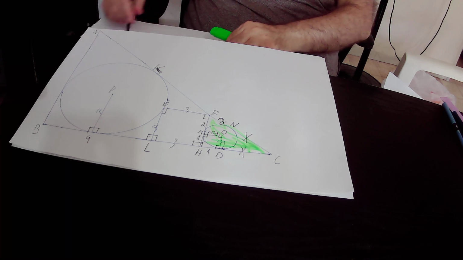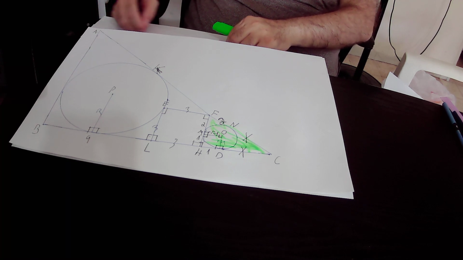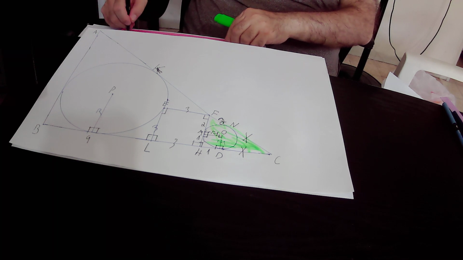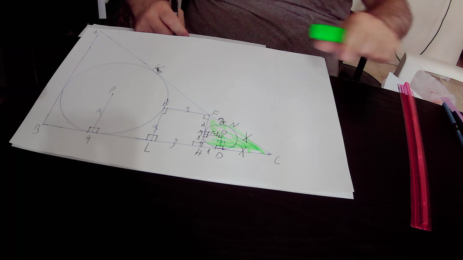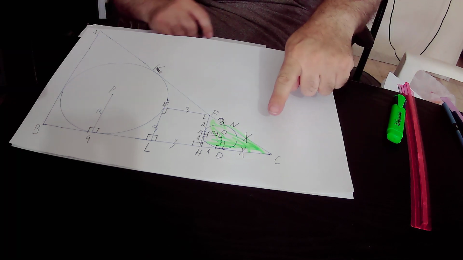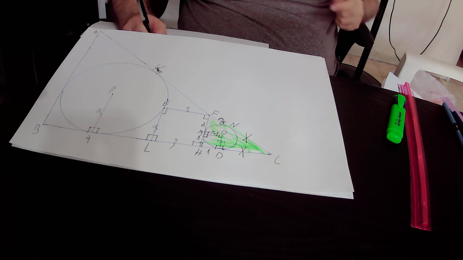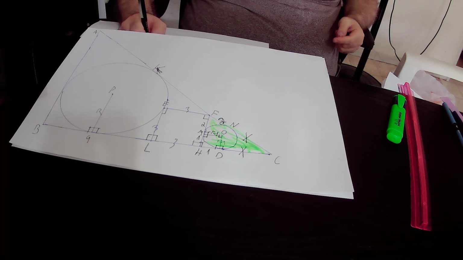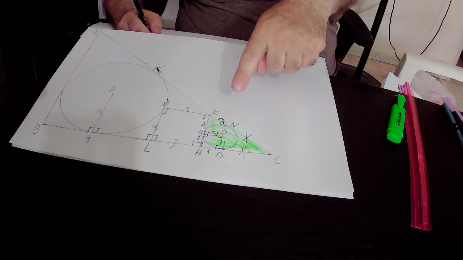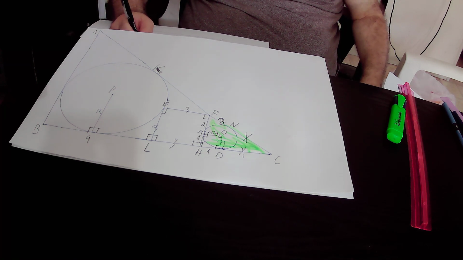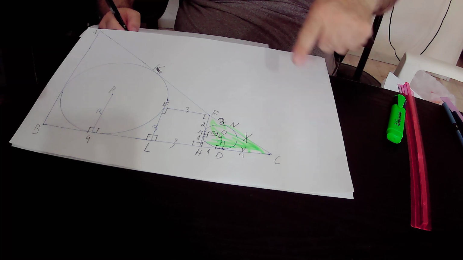So here, the hypotenuse of the green right triangle is FC, therefore the square of the hypotenuse is FC squared. And it must be equal to the sum of the squares of the perpendiculars, that is, FH squared plus HC squared.